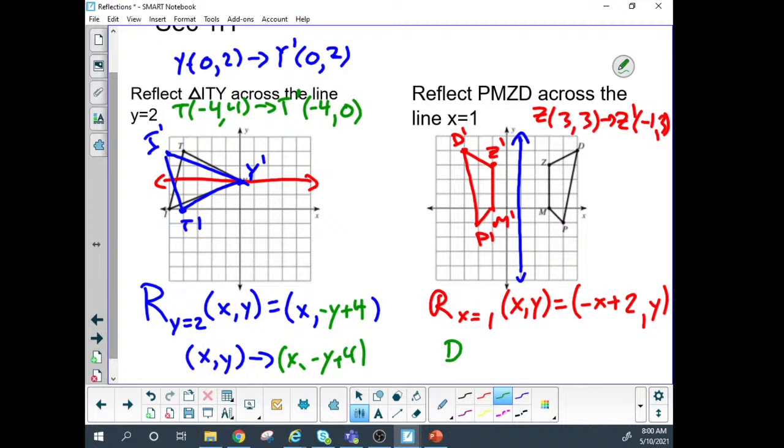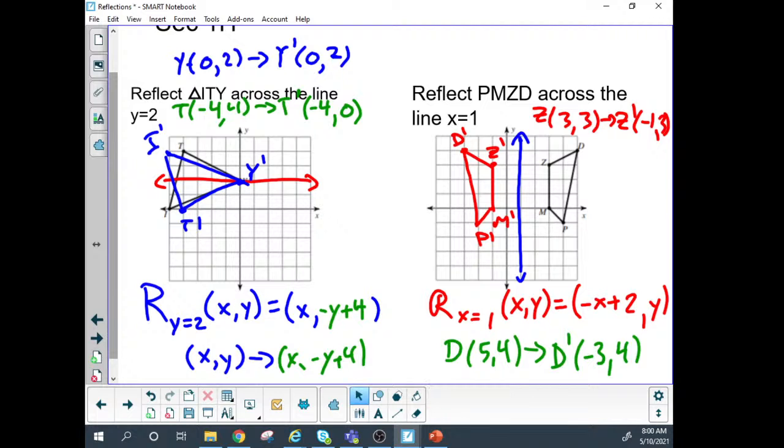D goes from 5, 4 to D prime, which is way over here at negative 3, 4. So if I go opposite x, I go negative 5 and then add 2 would land me at negative 3.